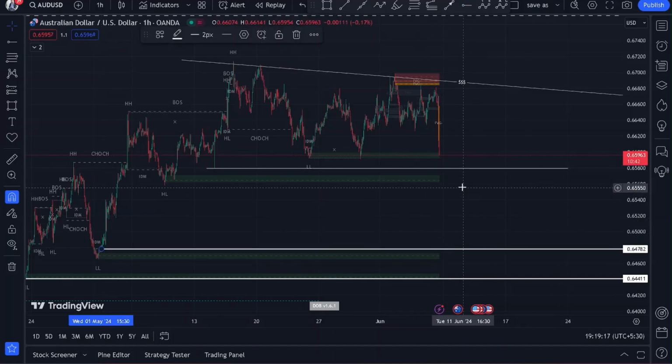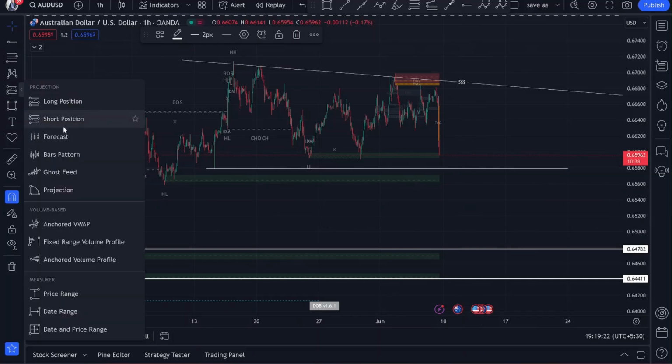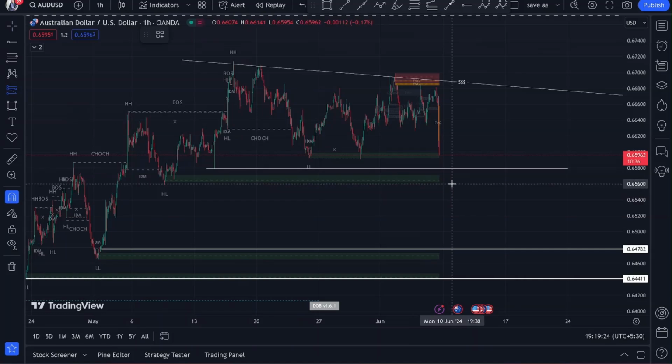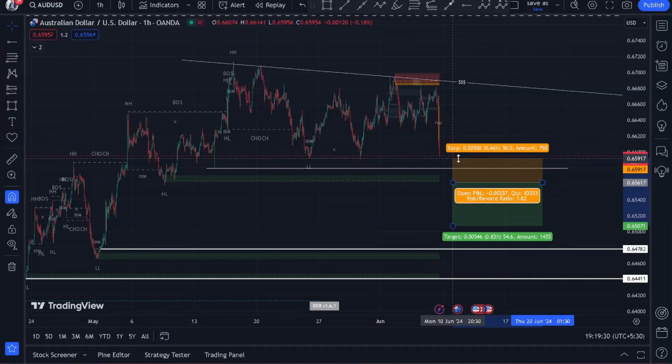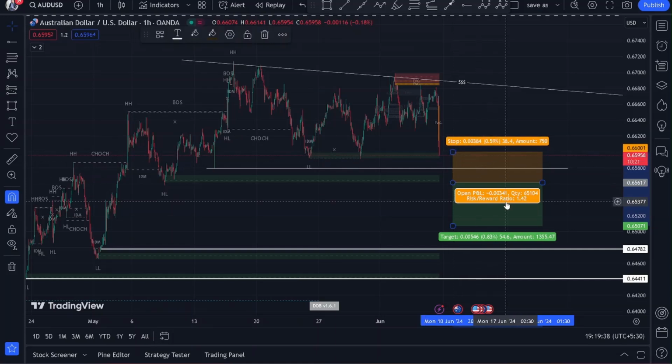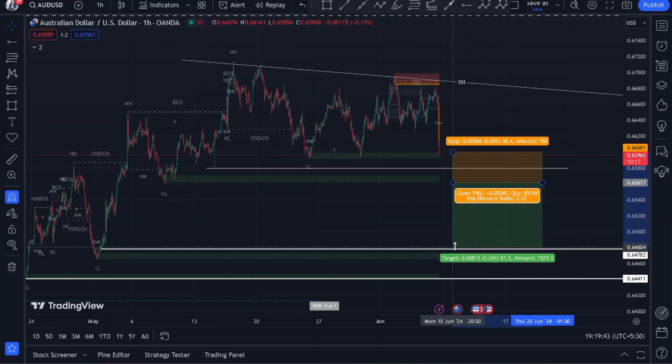So if you're entering below on 1 hour, if the candle closes below 0.65617, you can put the stop loss somewhere, I think 0.66 would be the round figure stop loss, and the target would be this, like 1:2. Okay, AudUsd is done.